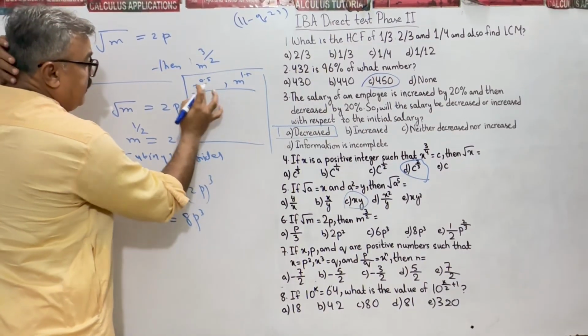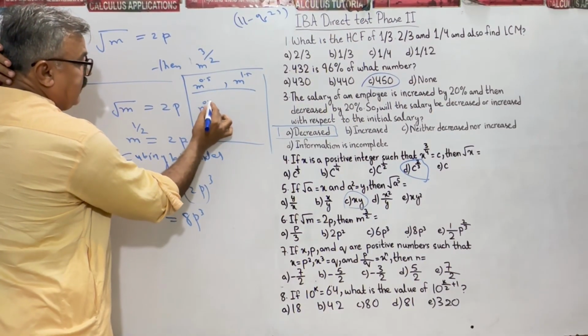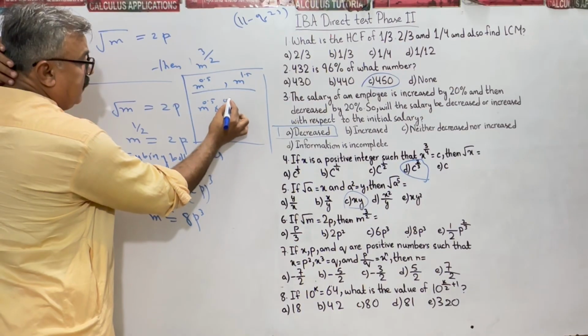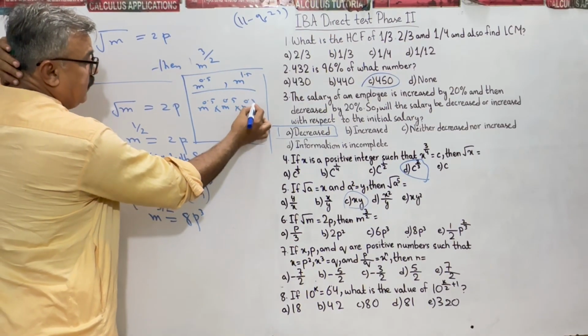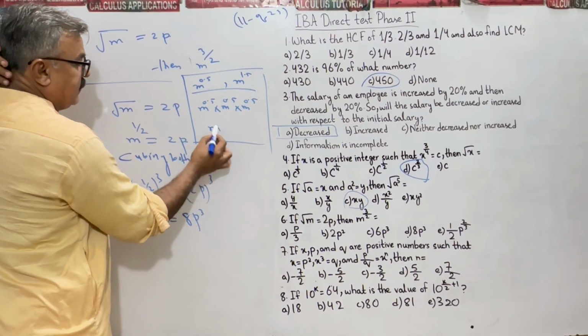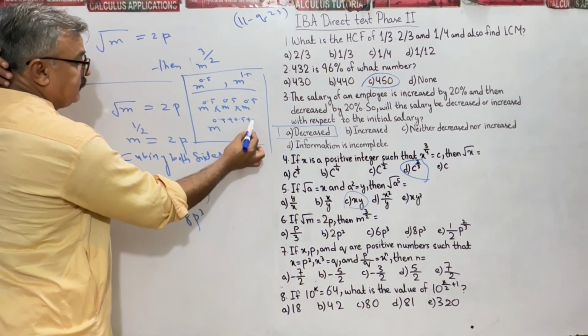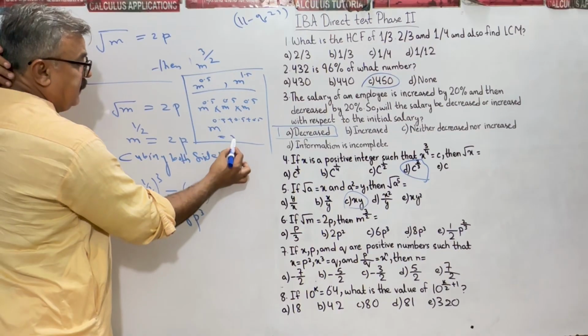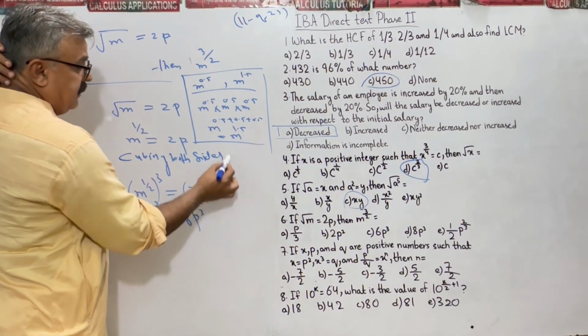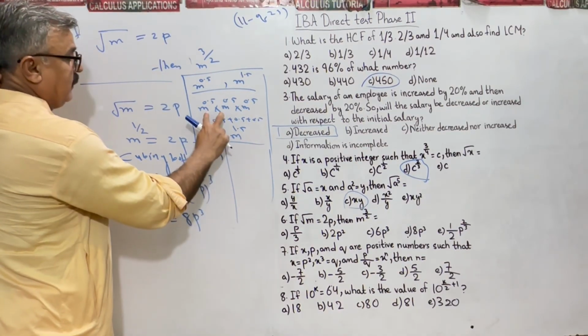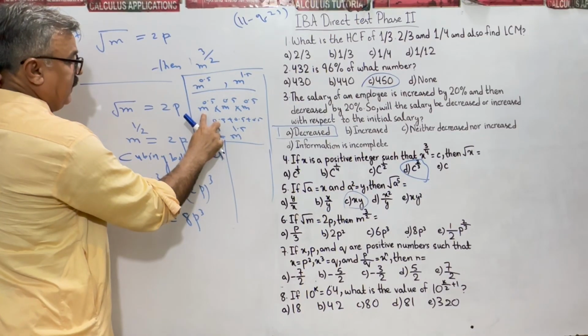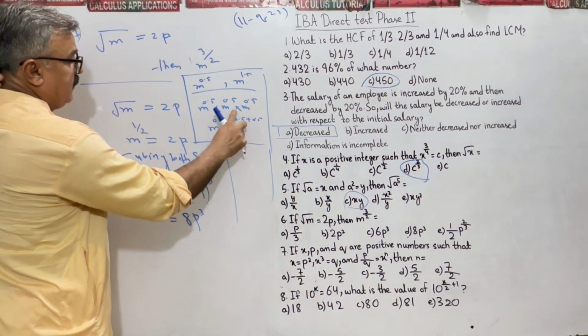So I can manage this as m raised to 0.5 times m raised to 0.5 times m raised to 0.5. Bases are the same, add the powers, 0.5 plus 0.5 plus 0.5, it will become m raised to 1.5.